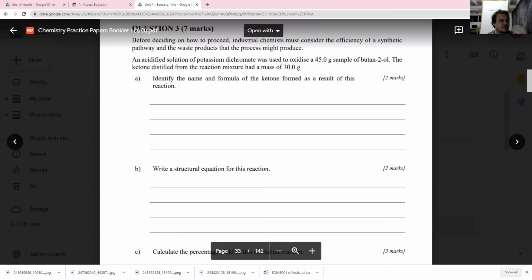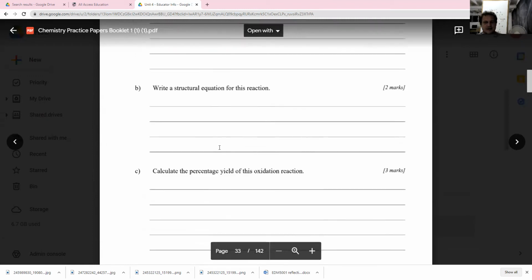So write down the information that we need. You guys have got 2 minutes, and we're going to do the maths on the board to calculate the percentage yield.